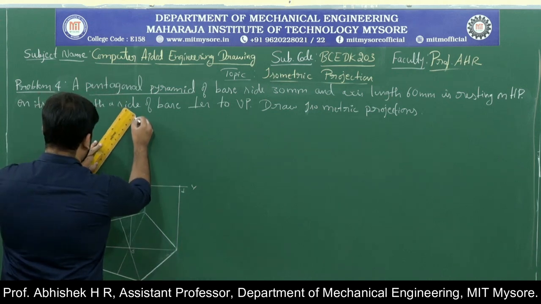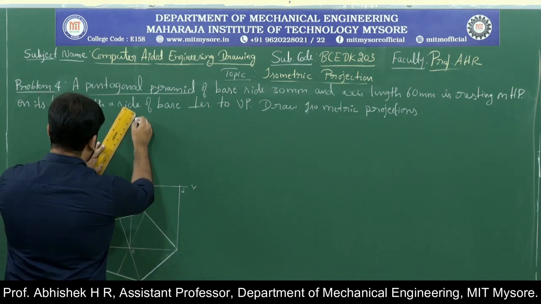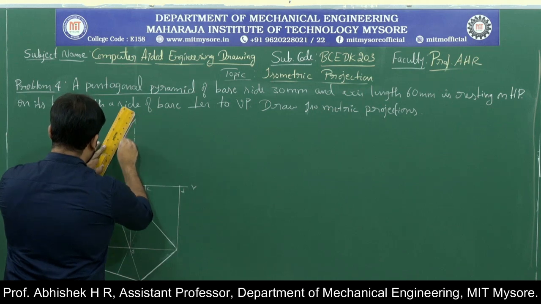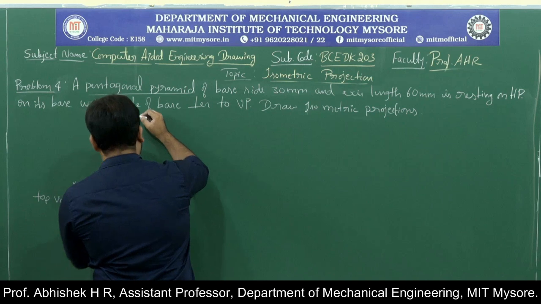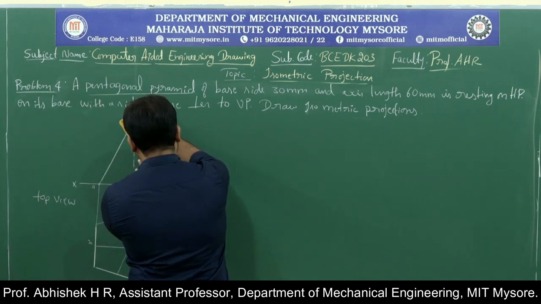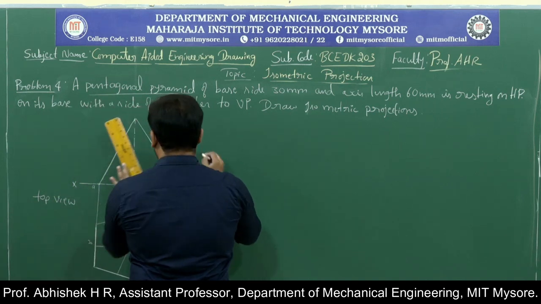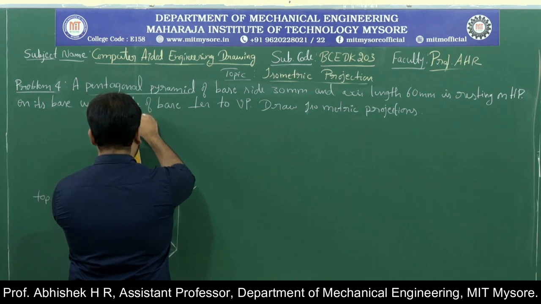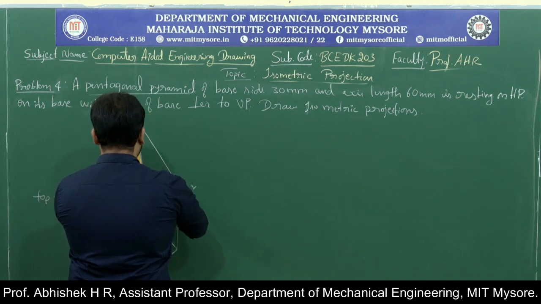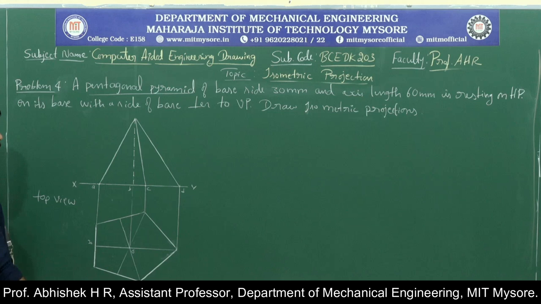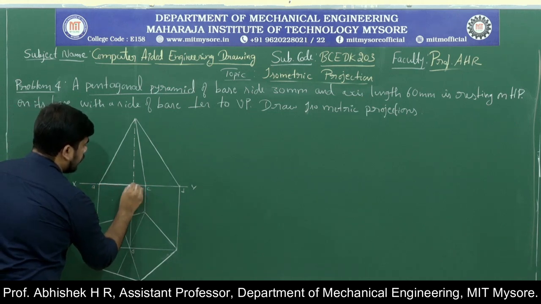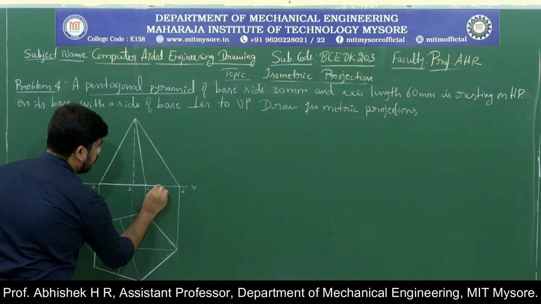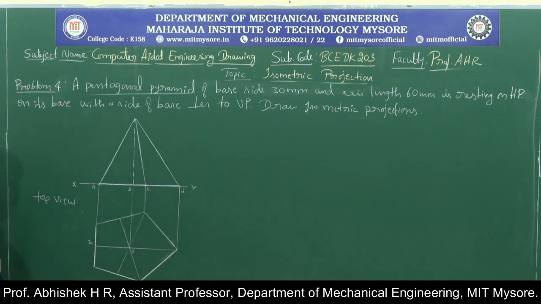Now just close this area from this to A. Next again from here to D, and again from here to C. So this is the area of the pentagonal pyramid.